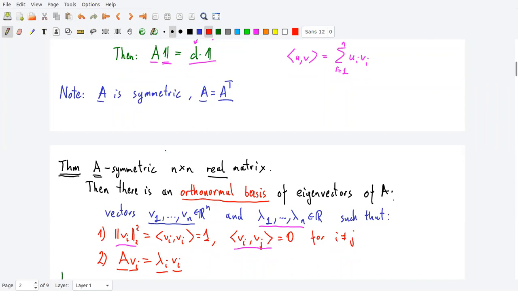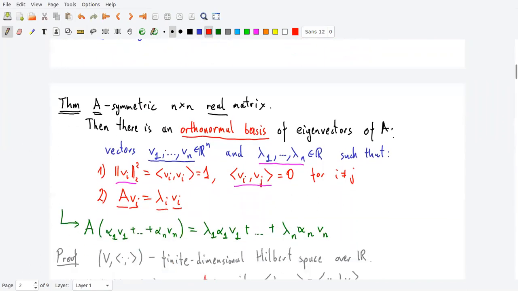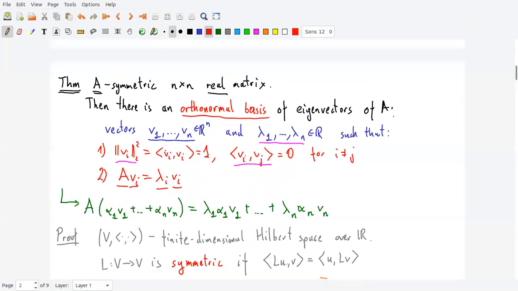This is something you should probably have seen during your linear algebra course, but I thought I will actually give you a proof of this theorem. Before I do, let's think about how this looks geometrically. Here is this orthonormal basis: a vector v1, vector v2, vector v3.